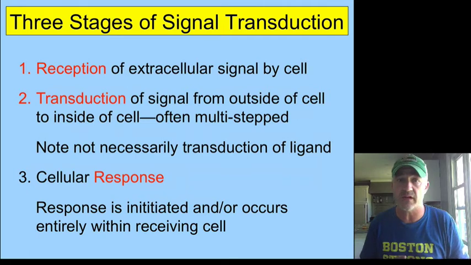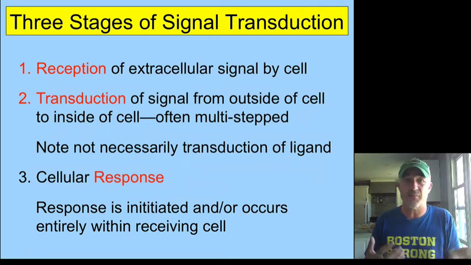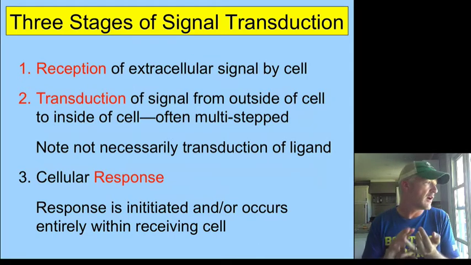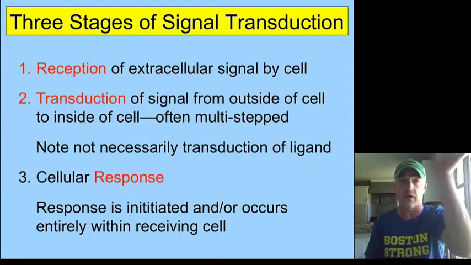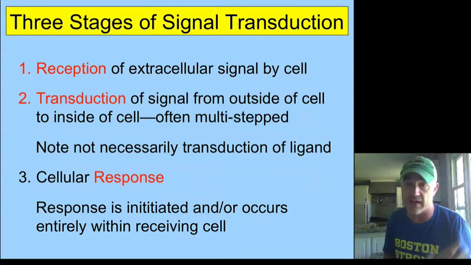So a lot of times we talk about this idea that there are 3 steps of cell communication. This idea of receiving an extracellular signal, transducing that extracellular signal, so taking it from the original signal through a multi-step process that might happen within the cell.